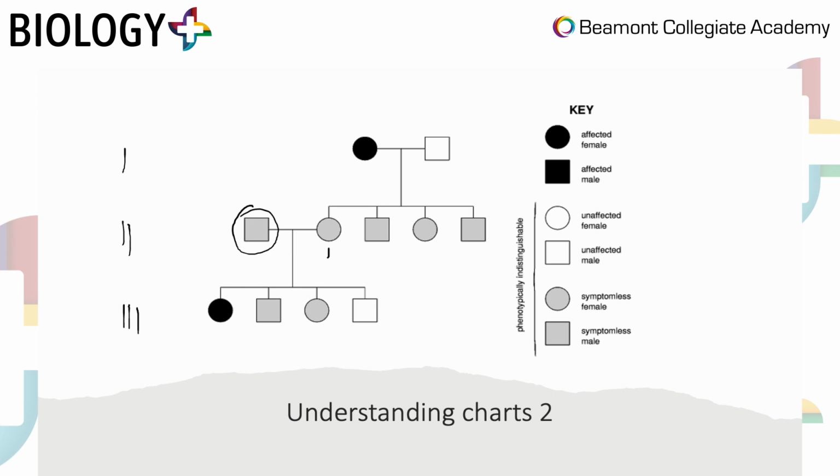However, we see that in the generation that follows, there is an affected female. If both parents are unaffected and the offspring is affected, the trait must be recessive. We would say that the parents are heterozygous carriers.